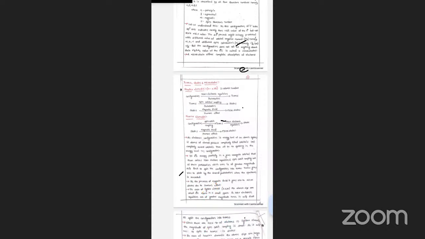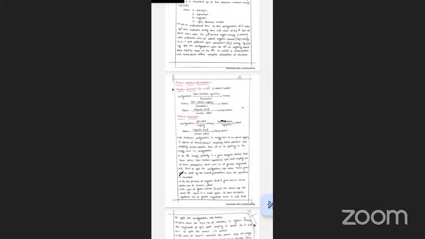LS coupling is important, and microstate is also important. How can you calculate the microstate? What is meant by microstate? For example, a p orbital contains 1 electron. That is the p1 configuration.